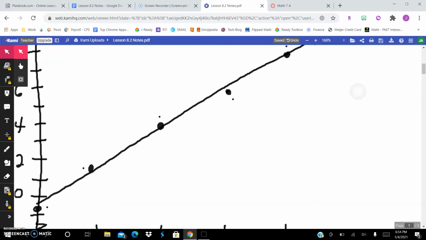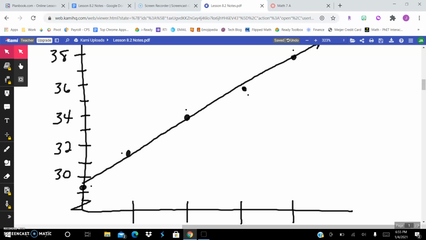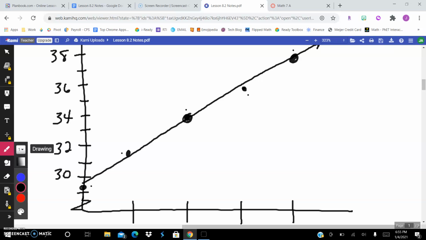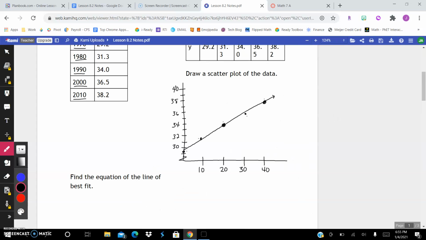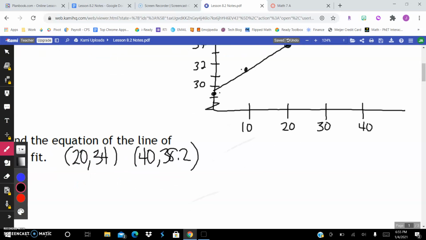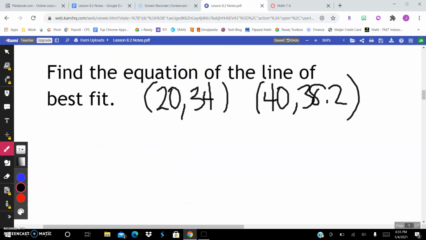Because this line is going through these 2 points right here, we're going to use those 2. So the first one is 20 and 34, and the other one is 40, 38.2. We're going to use those 2 points to find the slope.